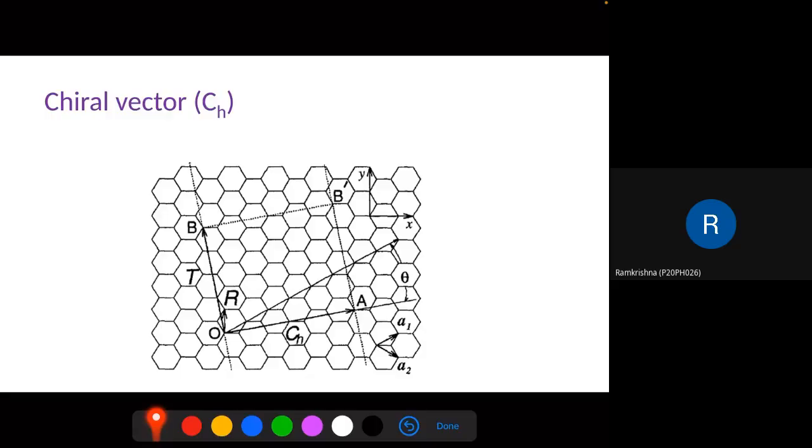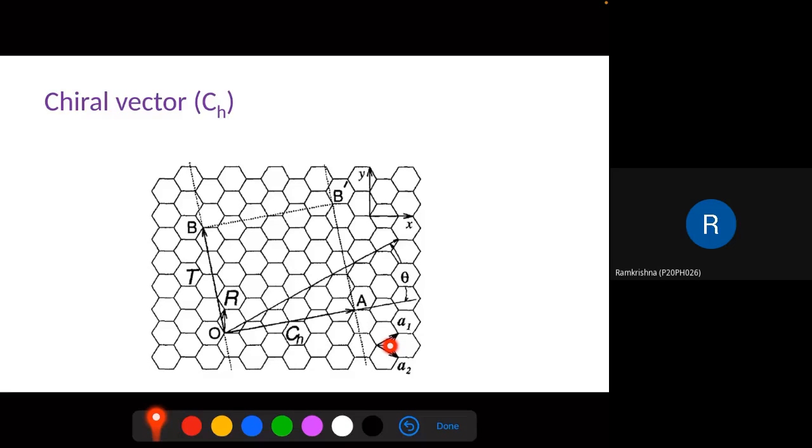Each node, or each vertex, is a carbon atom, right? So each point is a carbon atom here. Now when you want to make a tube out of it, you can connect any point. This point you can connect with this point, or you can connect this one with this one.